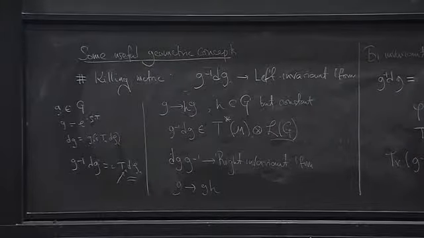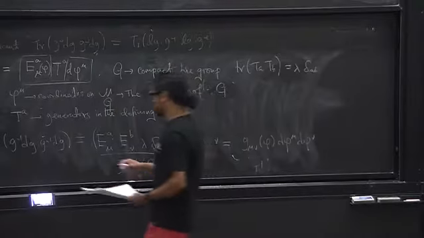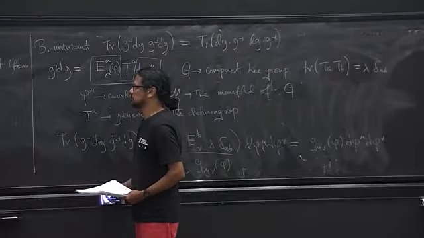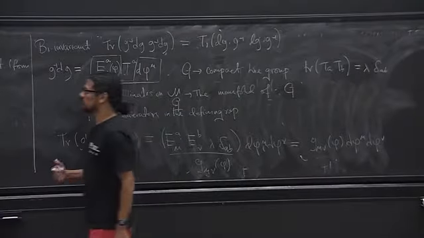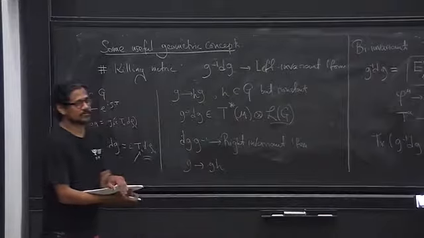So this thing is called the Killing metric. And if you are given a metric, you can always define a torsion-free connection called the Levi-Civita connection.